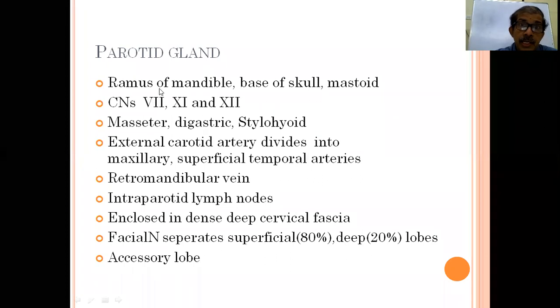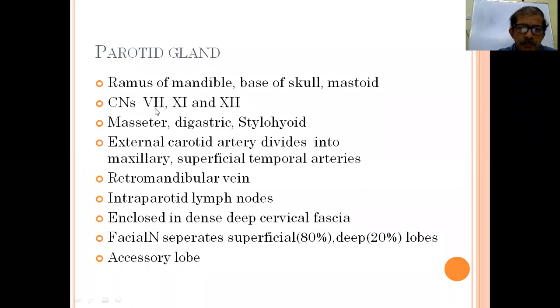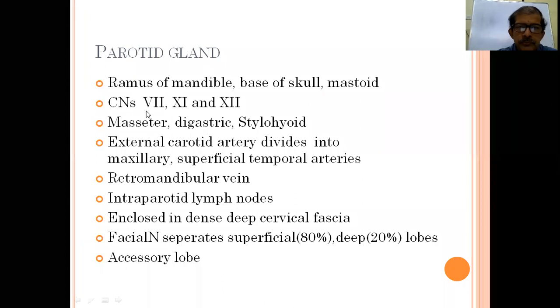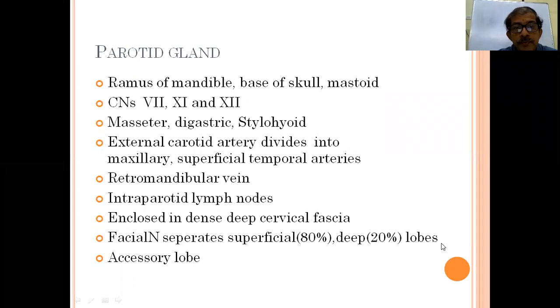Similarly, three cranial nerves: the seventh, ninth, and 12th nerves. Of course, the ninth and 12th are very deep compared to the seventh nerve, which passes through the gland, dividing the gland into superficial 80% and deep 20% lobes.